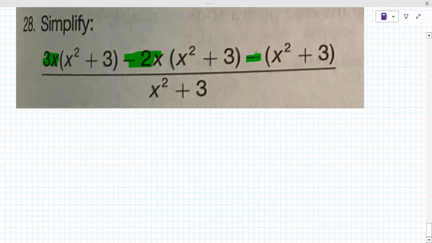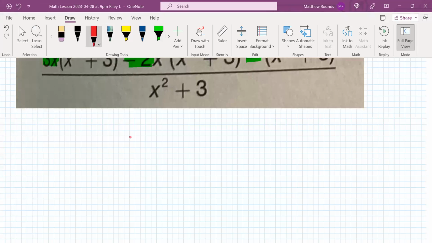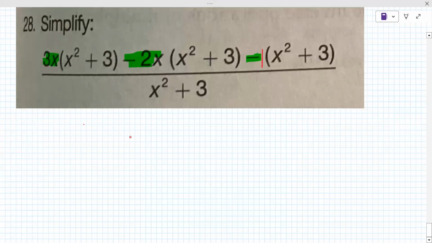But what about here? What are you minusing? It's not 0. What really goes here? 1. So could you simplify just that stuff there? Would it be a 1x or just 1? Well, so you said 3x minus 2x minus 1.